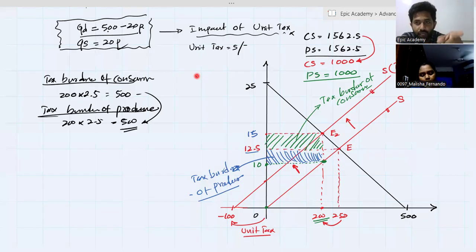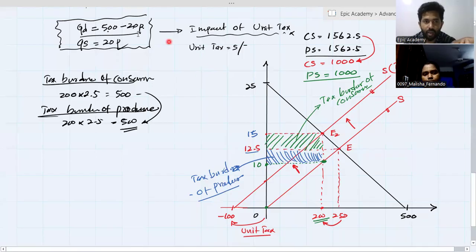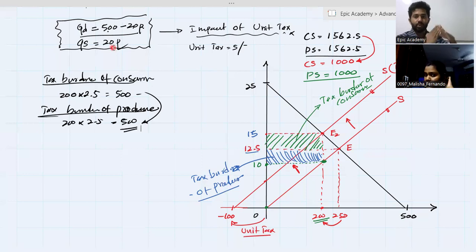Now, clearly you can identify in here QD equals 500 minus 20p. This one. The B value is 20. What about the B value for the QS curve also? It's also similar. That means the two curves' slopes are similar.